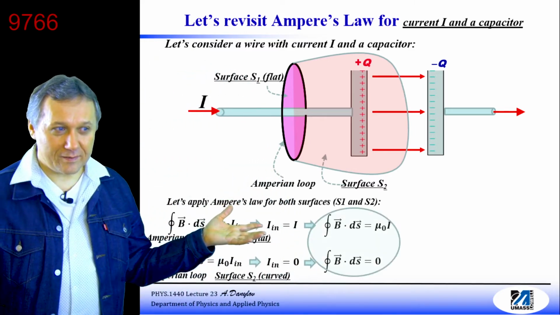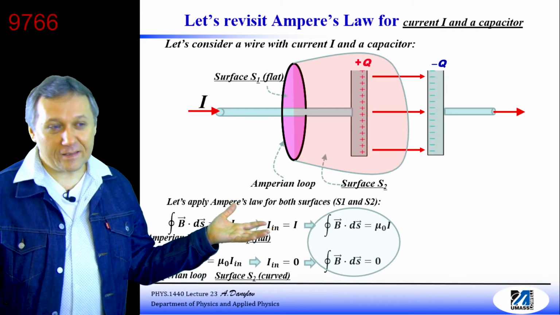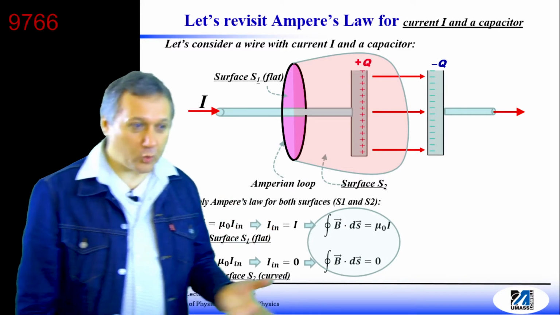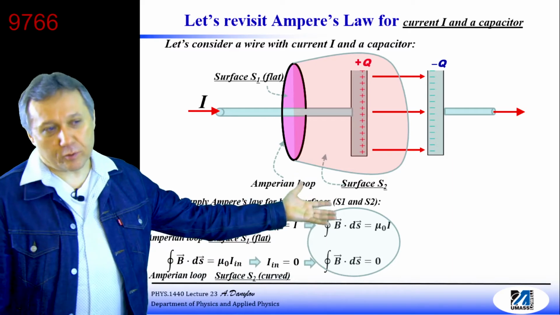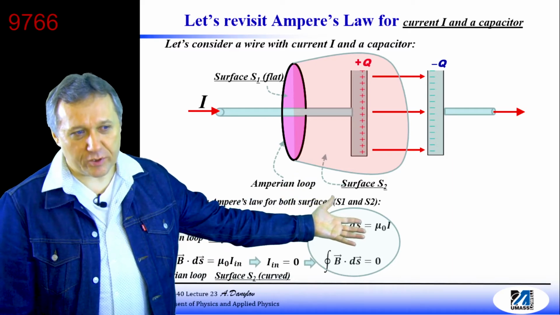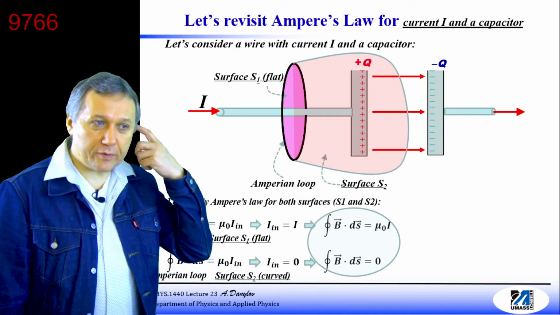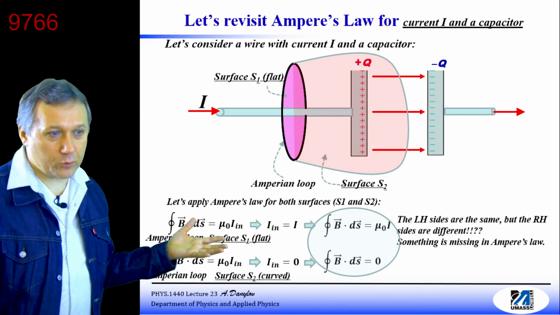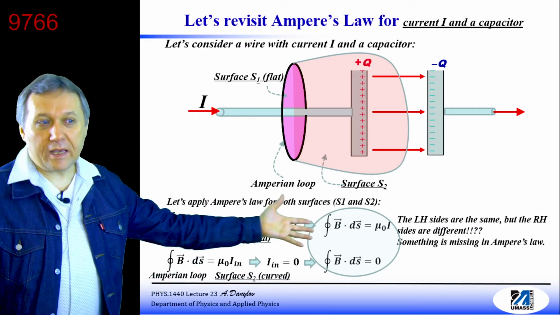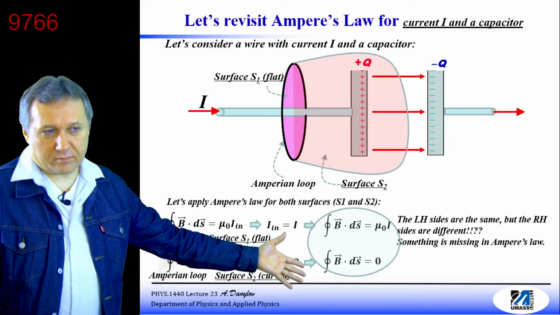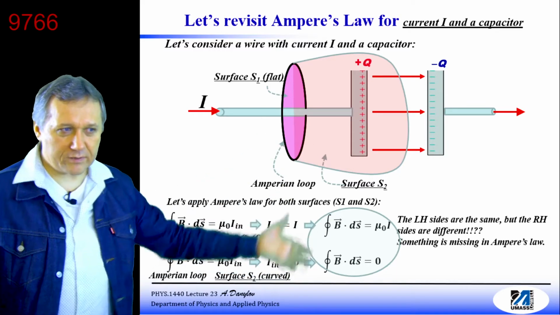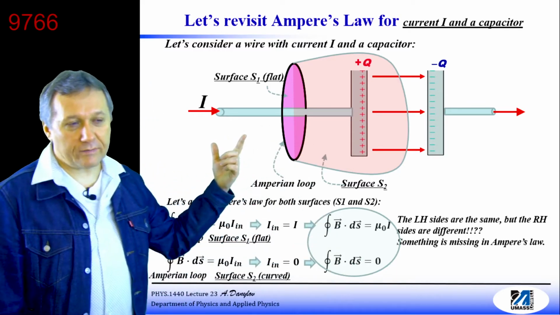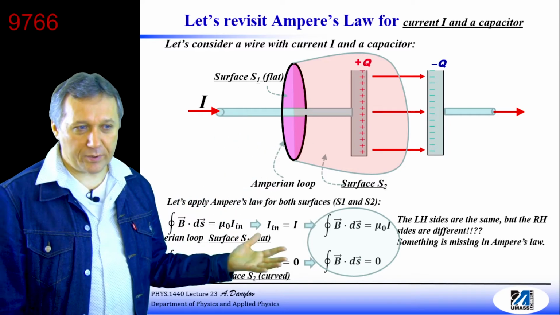Troubles. And where is the trouble? Obviously, something is wrong with Ampere's law. Of course, it must be adjusted. And which part of Ampere's law failed to work? Left-hand sides are the same, and there's nothing wrong with the left-hand side, we integrate over the same Amperean loop.